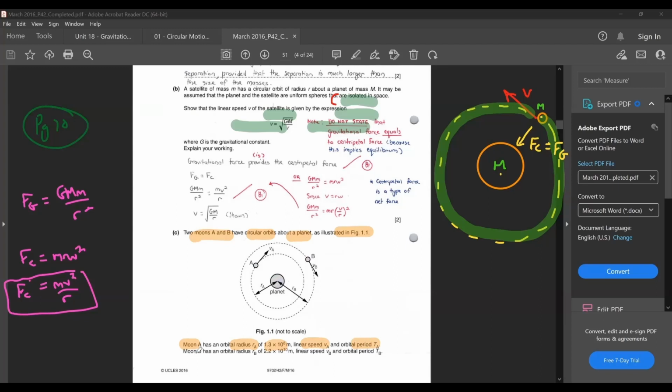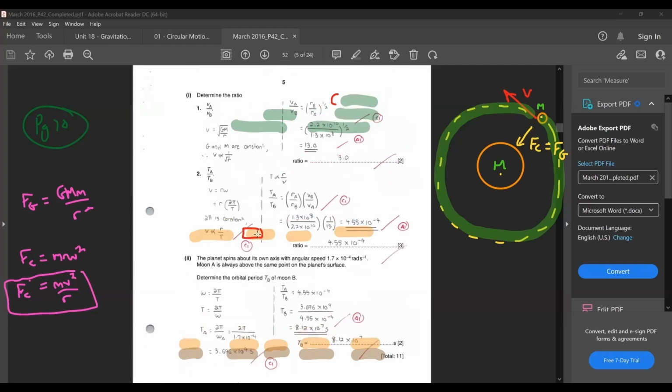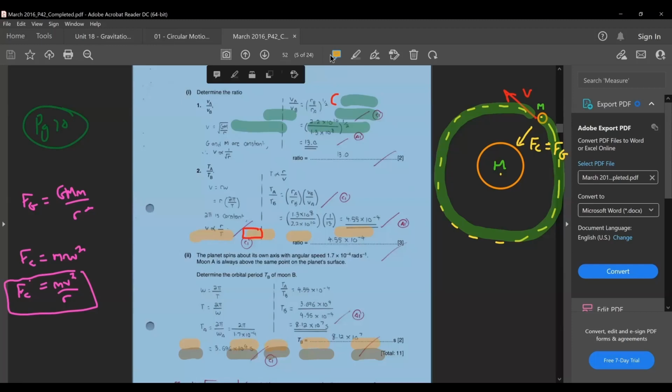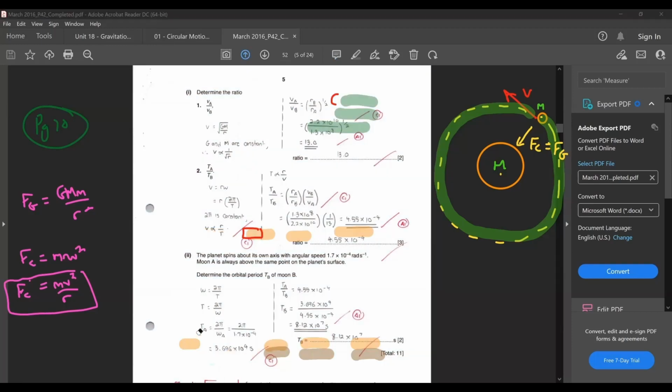And then moon B has orbital radius RB of some value, linear speed VB, and orbital period TB. So the main thing is that they are in circular orbit, moving in a circle around the planet. In our case here, you are asked to determine the ratio of VA to VB. What is the ratio of the speeds of A to B?